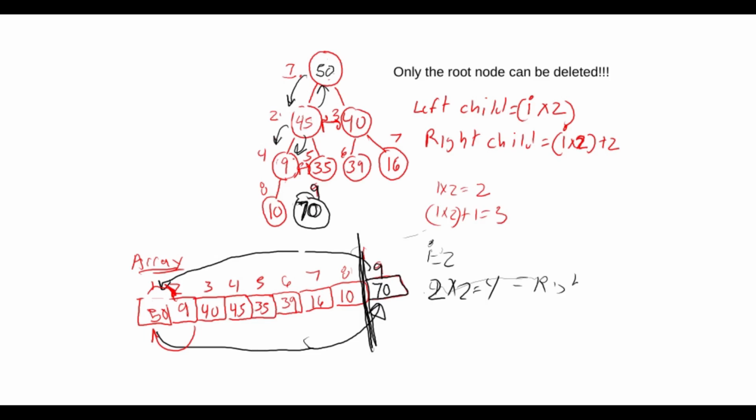This is for the left child equation here. And for the right child, 2 times 2 plus 1 is 5. So you can see it here, 4 and 5.